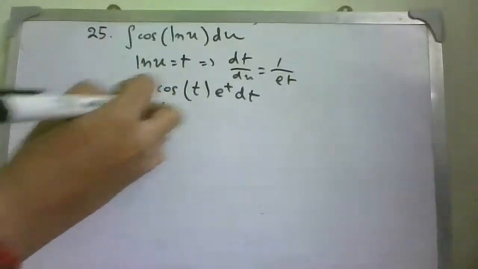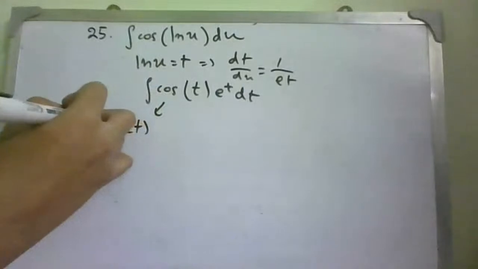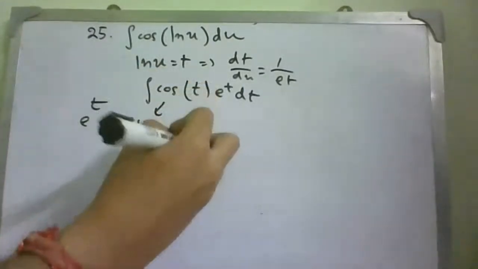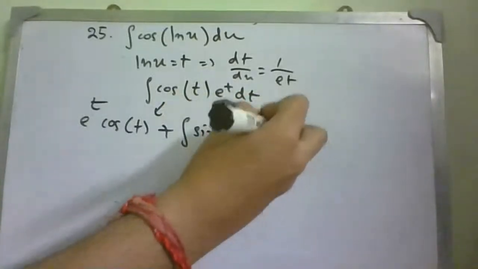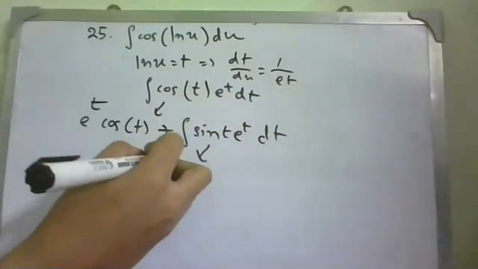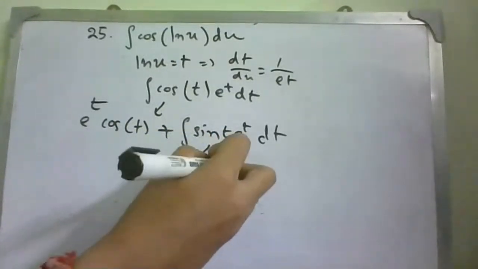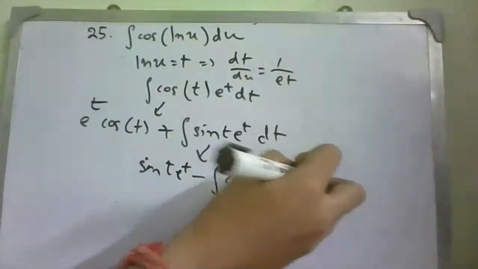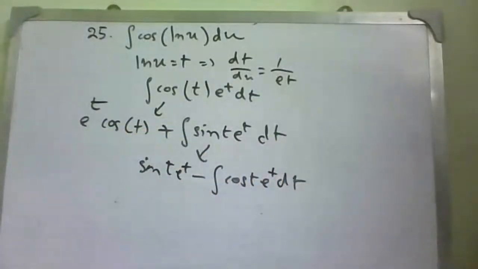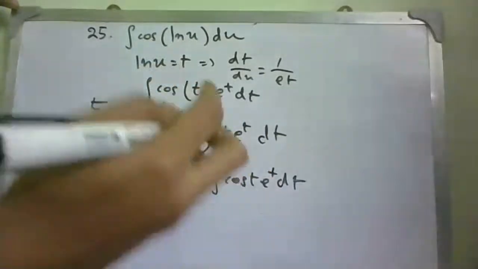Again, by parts, this is the first function, this is the second function. So this is the first function, and that is the second function. Again by parts, first function, second function. Okay, now you can see that this thing and this thing is basically the same.